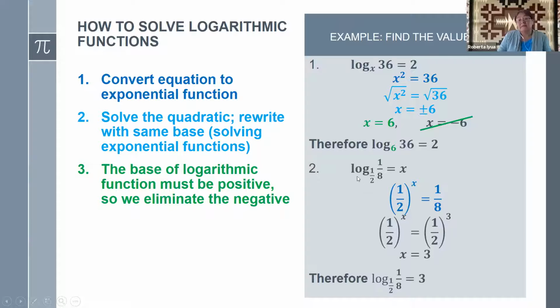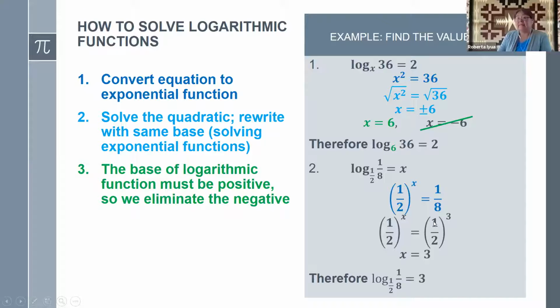In the second example, the log base 1/2 of 1/8 is equal to x. So 1/2 raised to the x equals 1/8. Here, I rewrote the equation to have the same base.